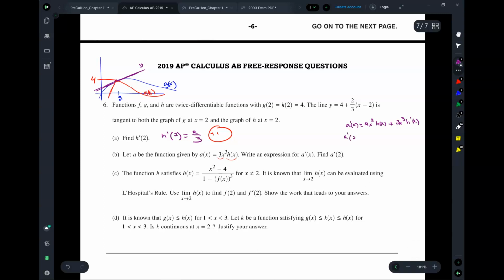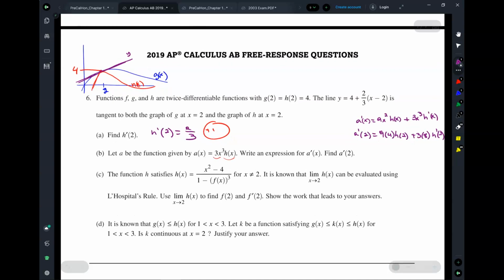A prime of 2 is 9 times 4 times h of 2 plus 3 times 8 h prime of 2. Oh, that's why they made us find h prime of 2.